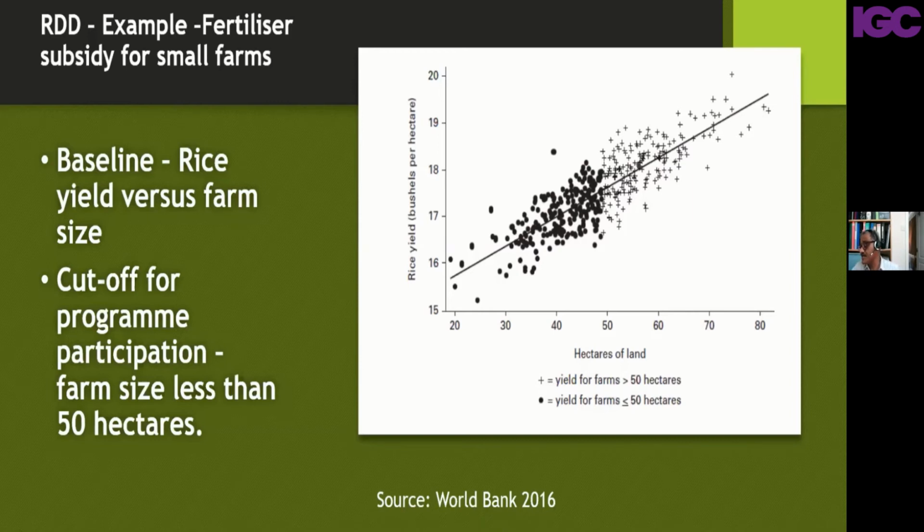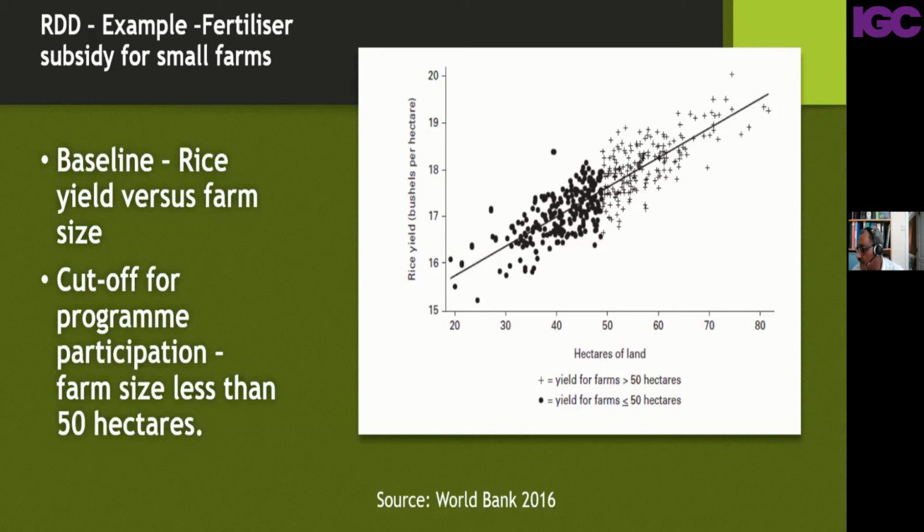So here, let us just assume that before the program intervention, this is what the relationship between land holding size and rice yields looks like. It's an upward sloping curve. Now, suppose there is a program, say, for providing fertilizer subsidy, and the cutoff for program participation is farm size less than 50 hectares.